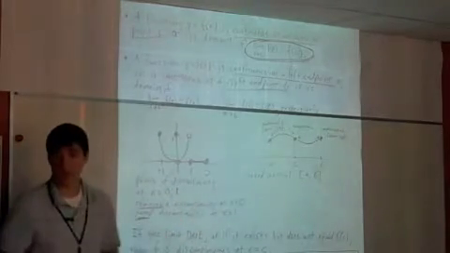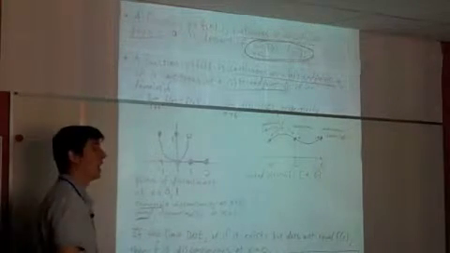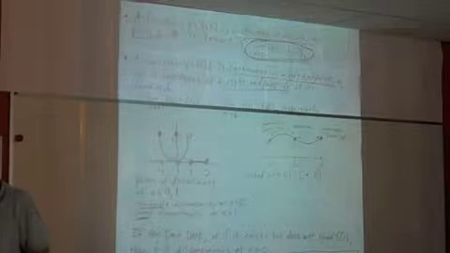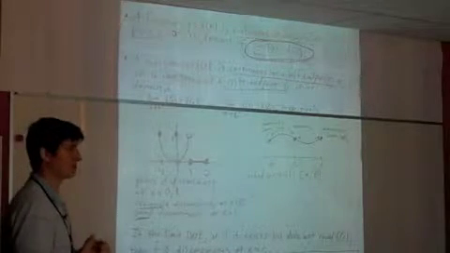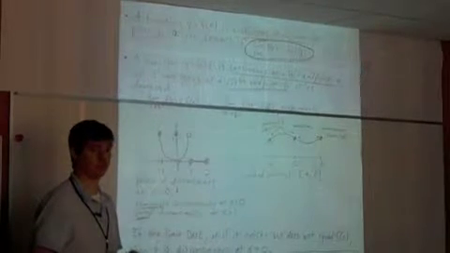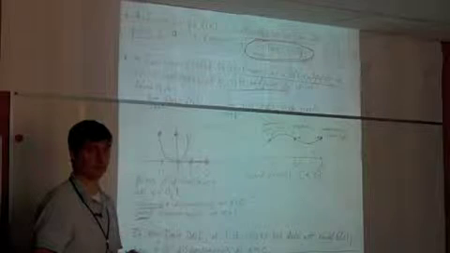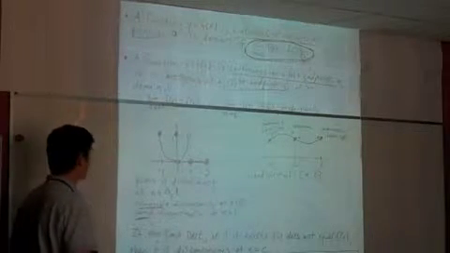It is 0. The limit from the left equals 0. The limit from the right equals 0. Those two limits are the same, so the limit exists and it's equal to that value. What is f of 0? 1. f of 0 is 1.